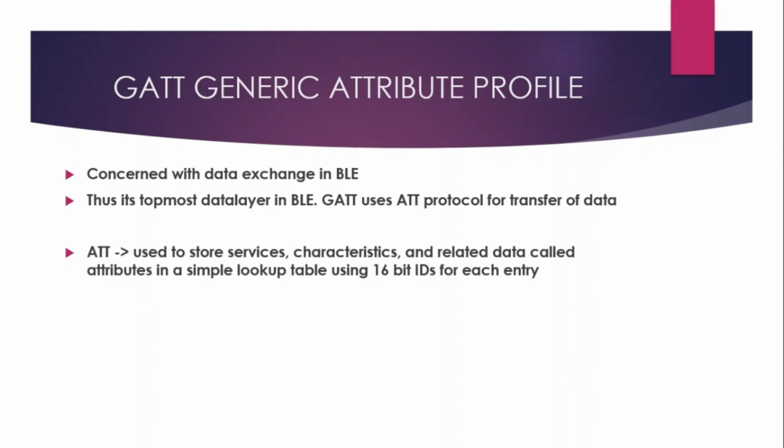ATT is used to store the services, characteristics, and the related data, which are called attributes, in a simple lookup table using 16-bit IDs for each entry. So the main concept when it comes to the GATT server is how these characteristics and services are stored. All these are stored in a lookup table, that is nothing but ATT. So GATT basically makes use of this attribute protocol.